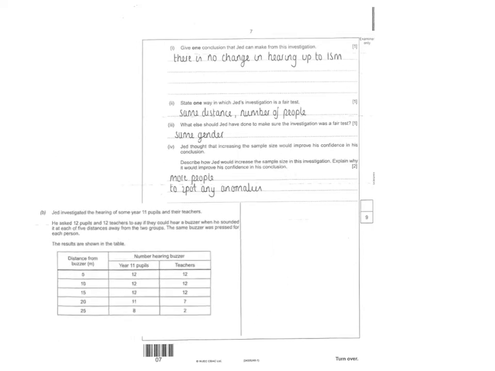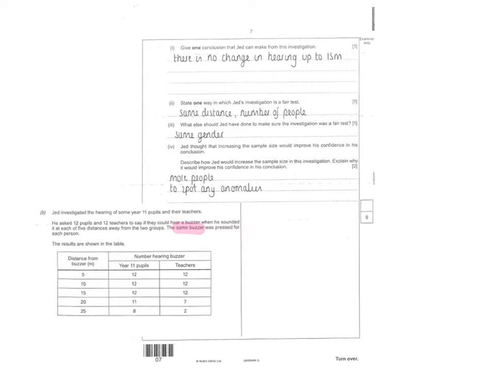State one way in which Jed's investigation is a fair test. He had the same distance, the same number of people, and also we could put, if I highlight it, that the same buzzer was pressed for each person. What else could Jed have done to make sure the investigation was a fair test? We could have used the same gender, so all boys or all girls.